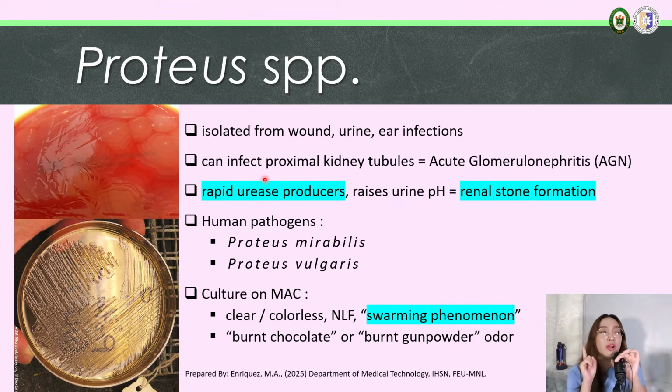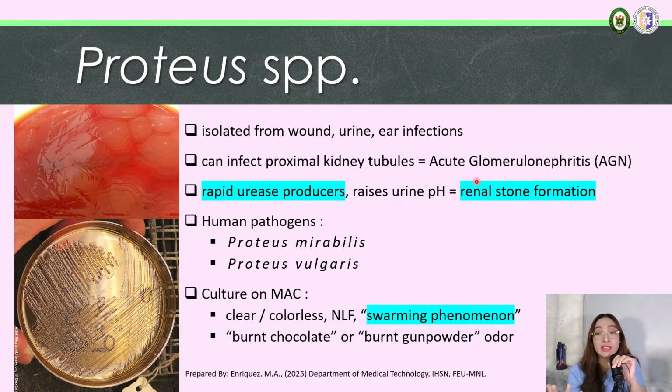So again, there are some renal crystals that are formed when the pH of the urine is alkaline. Okay? And pag pinagsama-sama po natin yung mga urinary crystals na yon, this could lead to the formation of renal stones. All right? So again, that is the association between Proteus species being rapid urease producers and renal stone formation.